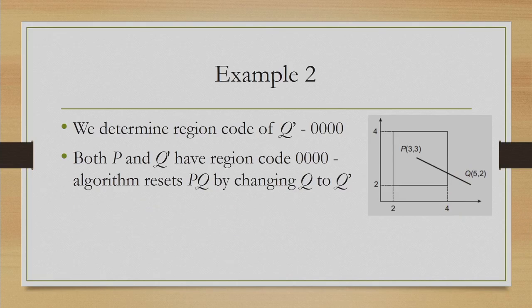Next, we determine the region code of Q dash, as we have seen earlier, which turns out to be 0000. Now, as you can see, both P and Q dash have the same region code 0000. So, this segment is entirely within the window and it is retained by changing Q to Q dash.